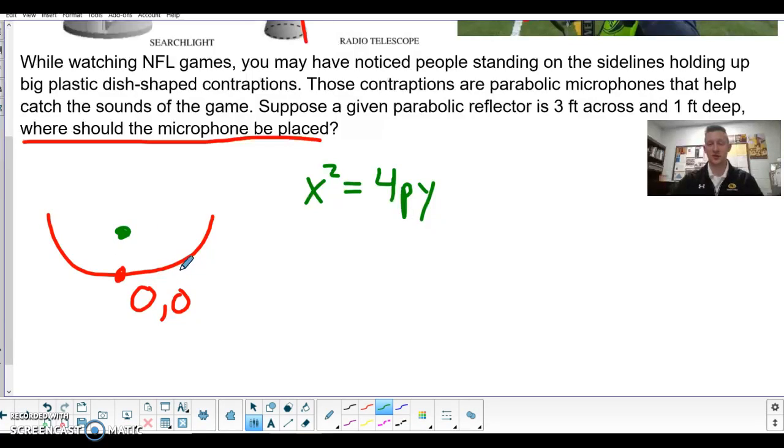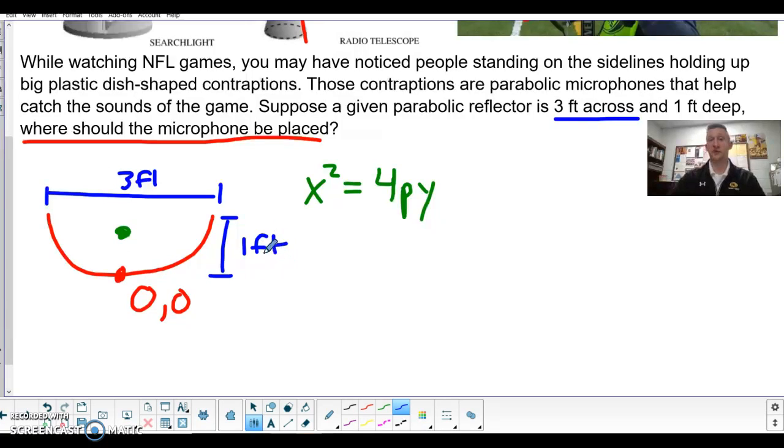There's not much information given besides the fact that my parabolic reflector is 3 feet across, so from here to there would be 3 feet, and it's 1 foot deep, so from here to there is 1 foot. That gives me a little bit of information, because I can identify this point right here on my parabola.